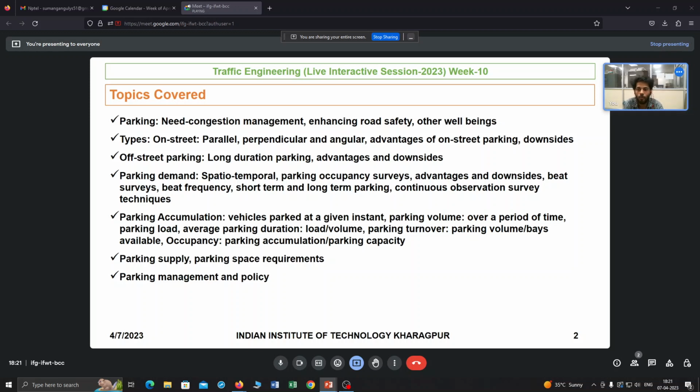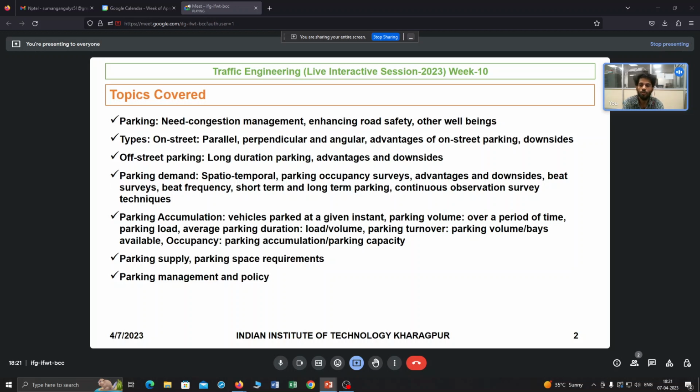If you properly manage your parking, then not only can you restrict congestion and improve road safety, but through the decrease in congestion you are also improving the air. You are decreasing transport-related emissions on roads. There are many other associated benefits that you will get.